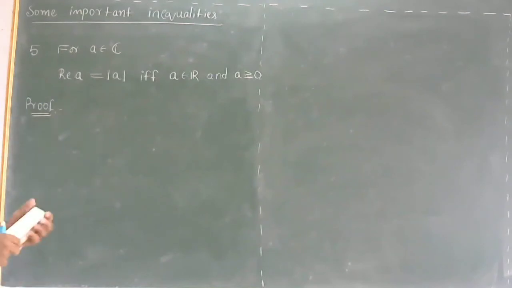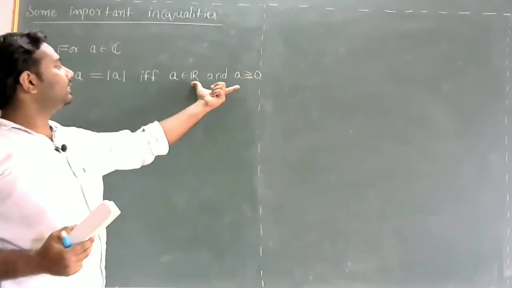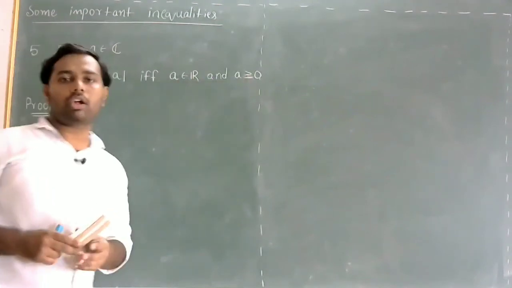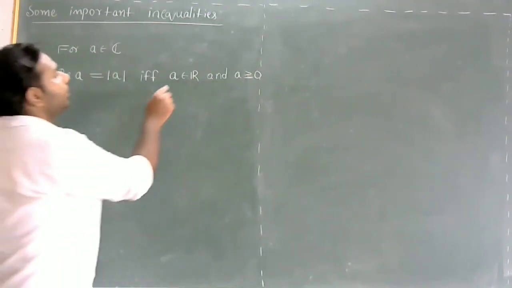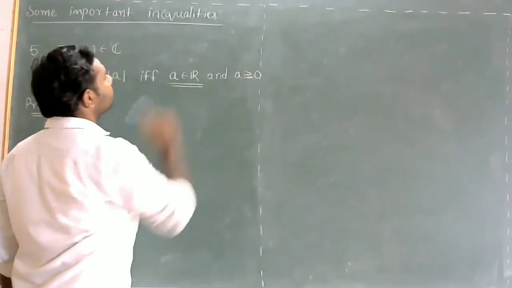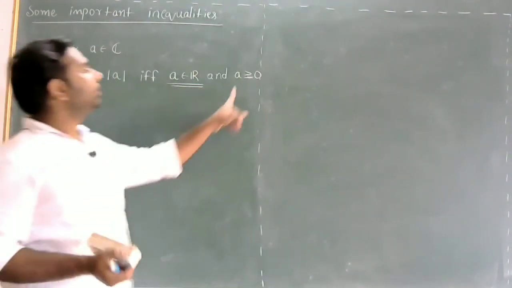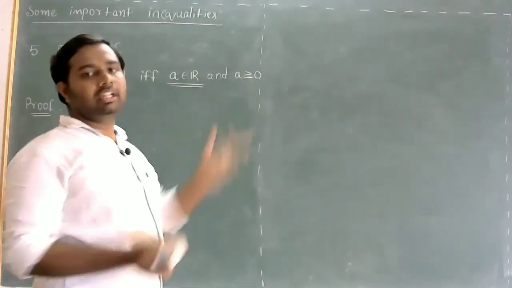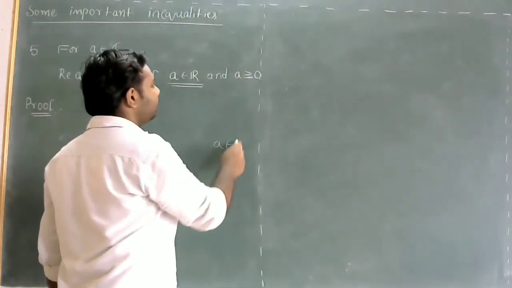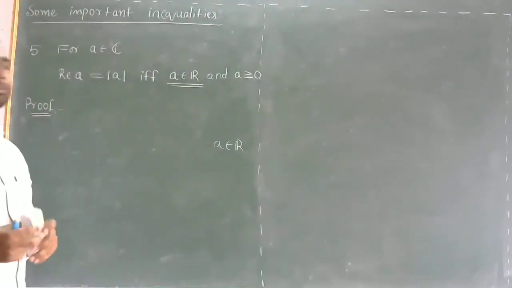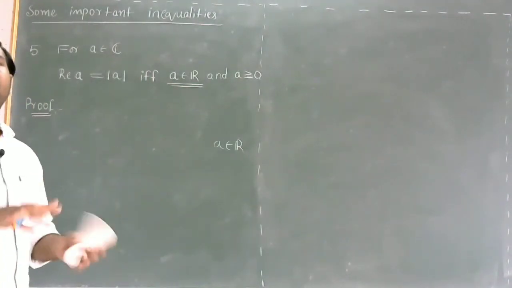Proof of this: in the second condition, A is a real number and A is non-negative. In this, you can drop the condition that A is a real number, because if I say A is non-negative, it means that A is a real number, because real numbers are the biggest set of numbers which can be comparable.